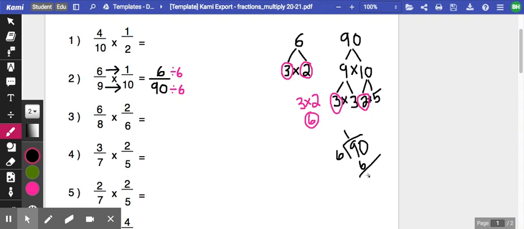I subtract those, I get 30. 6 goes into 30 5 times, with no remainder, because 6 times 5 is 30. Nothing's left over. So now I know that 90 divided by 6 is 15. And 6 divided by 6, I should know that one is 1. So my answer there is 1/15.